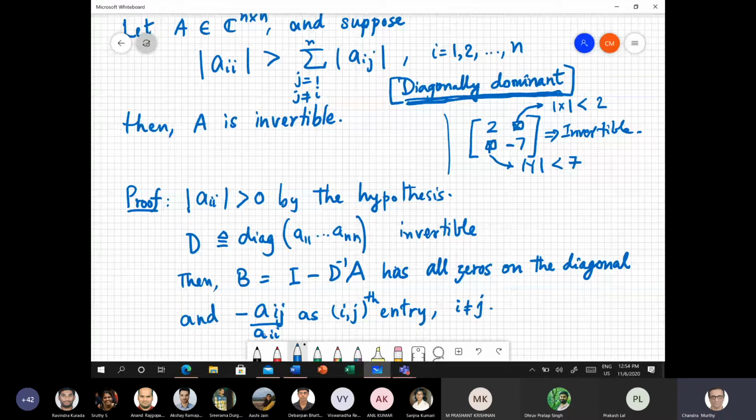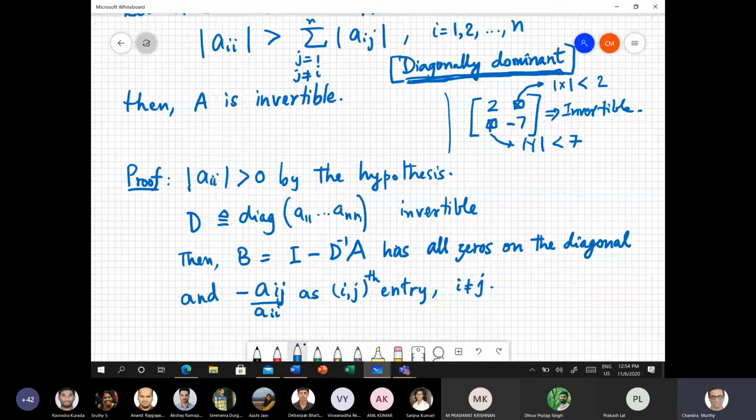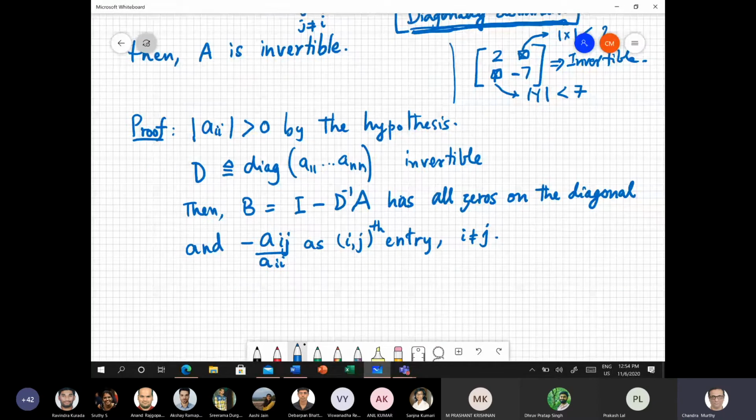This is just the fact that when I pre-multiply by a diagonal matrix, every row of A gets scaled by the corresponding entry of D inverse. Of course, the off-diagonal terms in the identity are 0, so it becomes 0 minus Aij divided by Aii, which is minus Aij over Aii. Now let's consider specifically the max row sum norm.